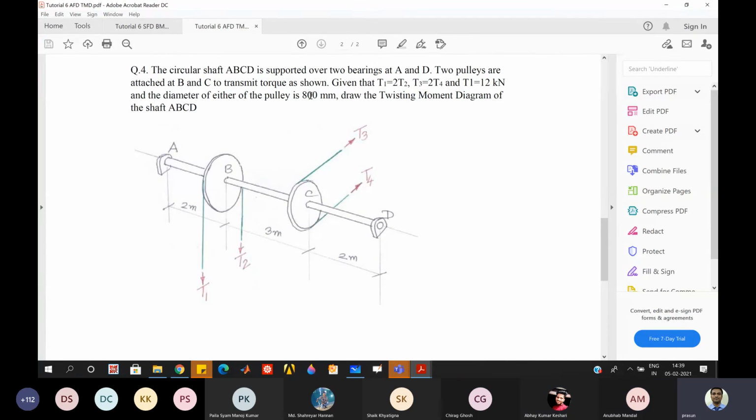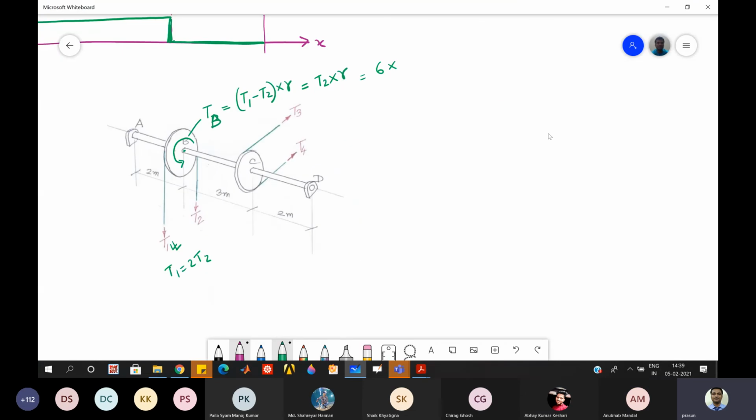Diameter is 800, so radius is 400, so 0.4 meter. So 6 into 0.4, and the 6 is in kilonewton, so it will be kilonewton meter. That means it will be 2.4 kilonewton meter.